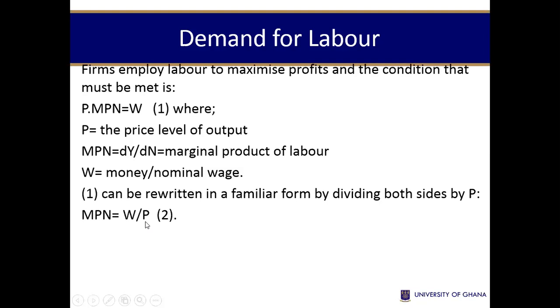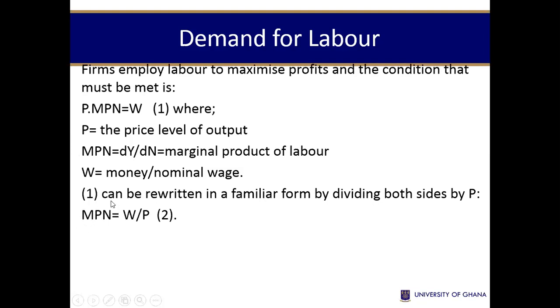Most of the time we are not interested in nominal variables. If you take something like wage, no one is interested in the nominal wage. We are interested in the real wage, the quantum of goods and services that your nominal wage can buy. So households are interested in the real wage, and the firm too is interested in the addition to output that this real wage it is going to pay will fetch.